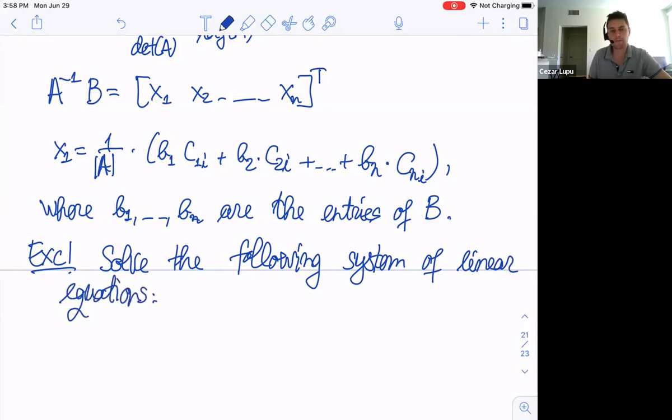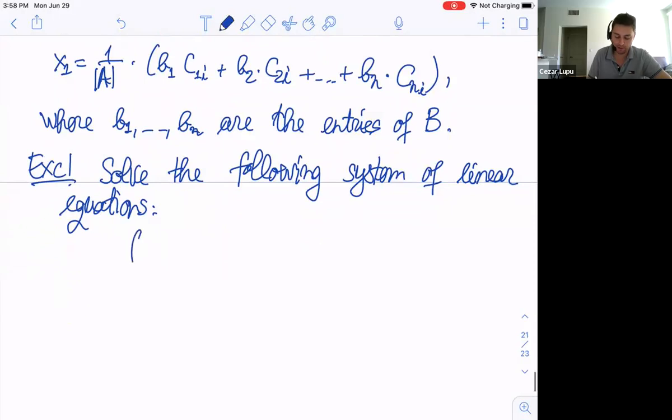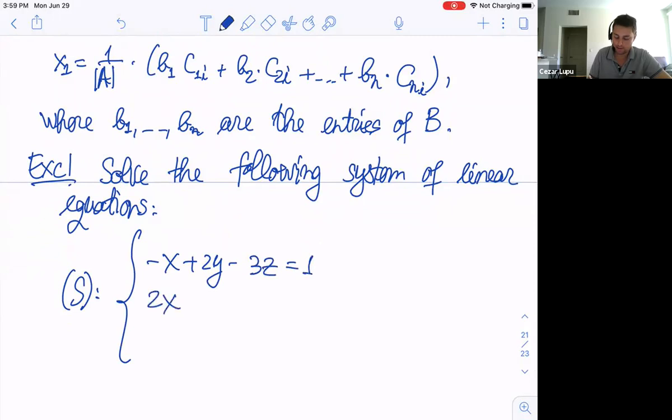I'm going to take 3 equations, 3 variables: negative x plus 2y minus 3z equals 1, 2x plus z equals 0. Anyway, it's a simple one. And 3x minus 4y plus 4z equals 2.